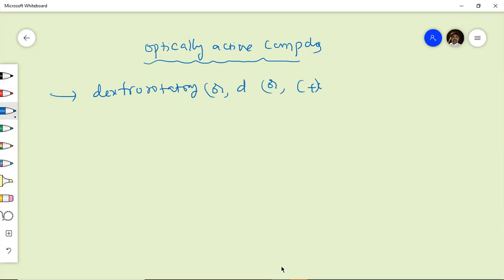That means the dextrorotatory compounds will rotate the PPL towards the right.